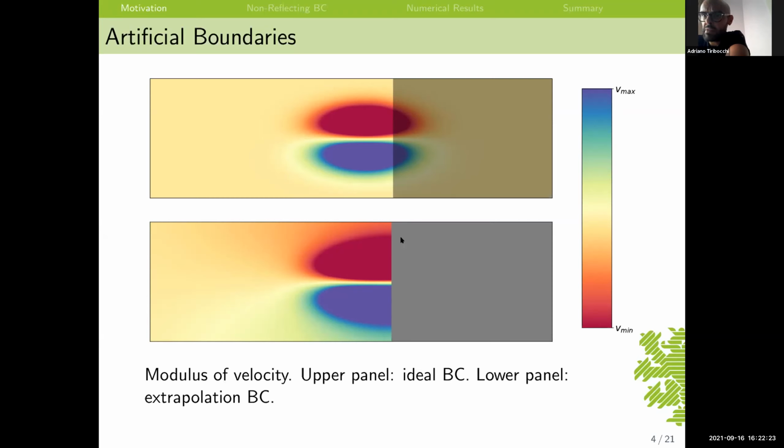Since there is no physical interaction happening there, the fluid is supposed to just exit. However, you see clearly in the lower panel here, considering the modulus of velocity of this flow, there is some distinct reflection going on. Now the question is, can we improve this behavior, and which kind of boundary conditions can be employed to do this? This motivates the need for non-reflecting boundary conditions, which precisely do not have this feature.